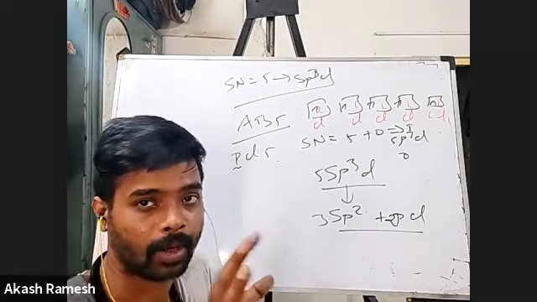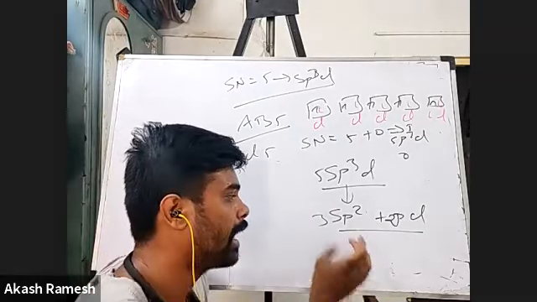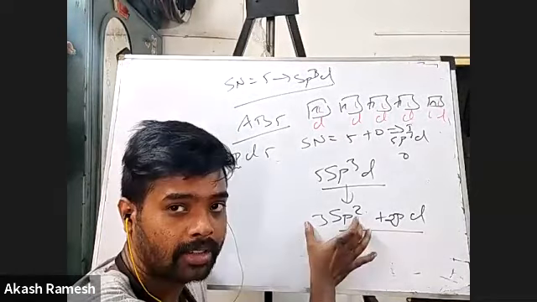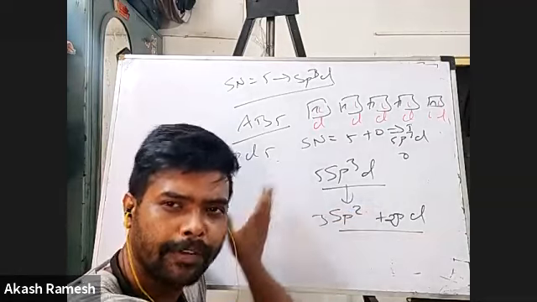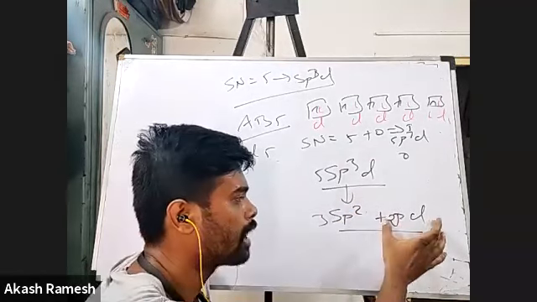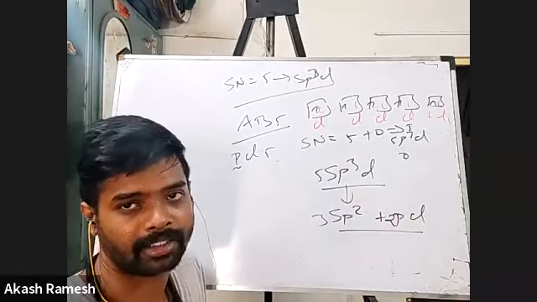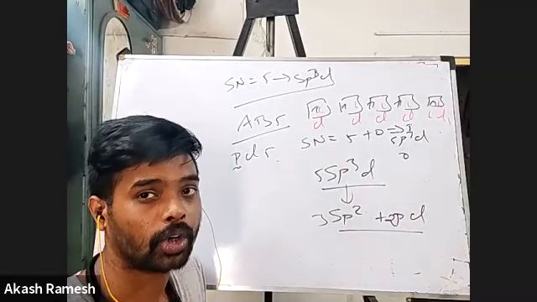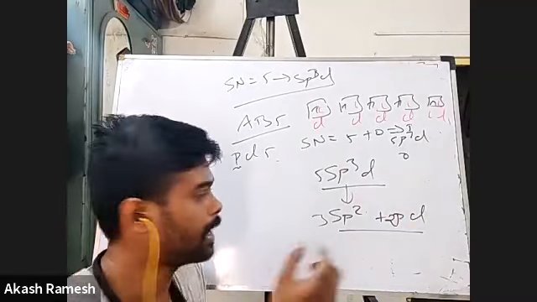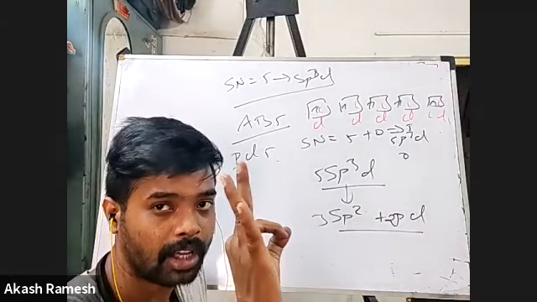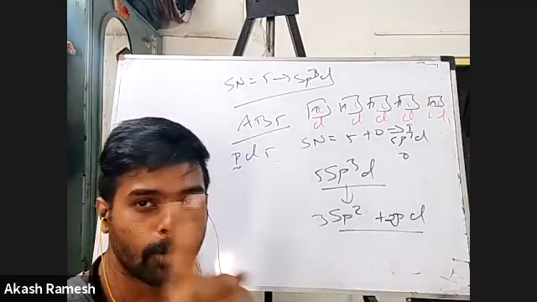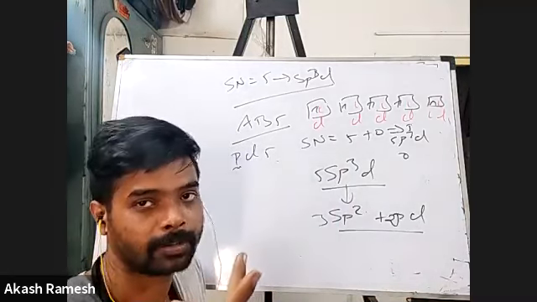But here the 3 sp2 hybrid orbitals are going to have different strength compared to the pd hybridization. So depending on sp2, there are 3 sp2s, I'm going to have 3 bonds, and depending on pd, there are 2 pds, there are going to be 2 bonds.